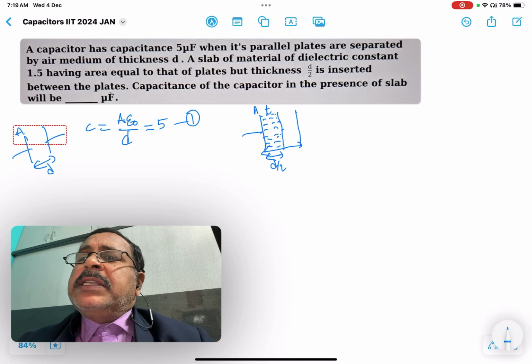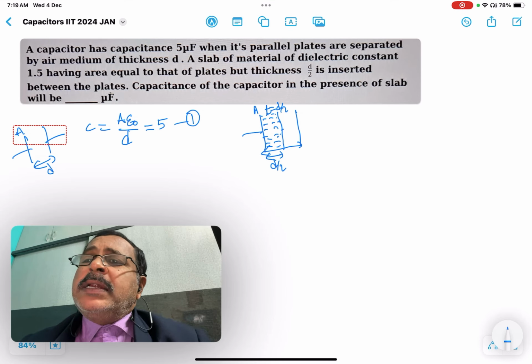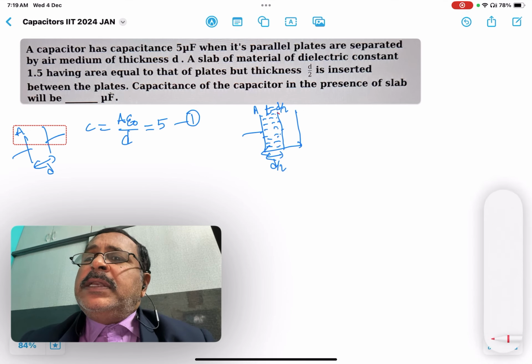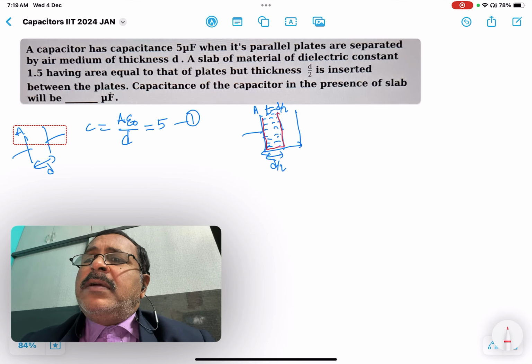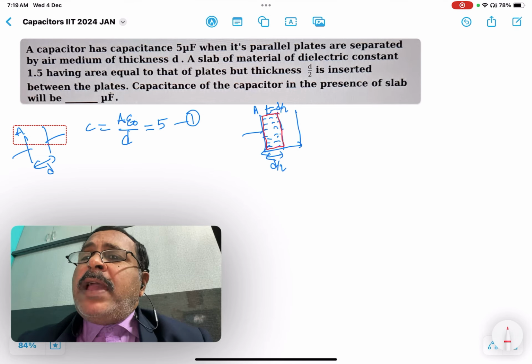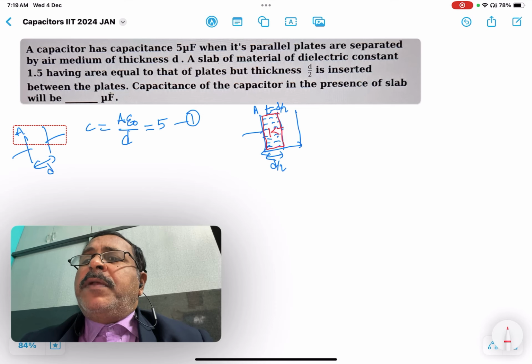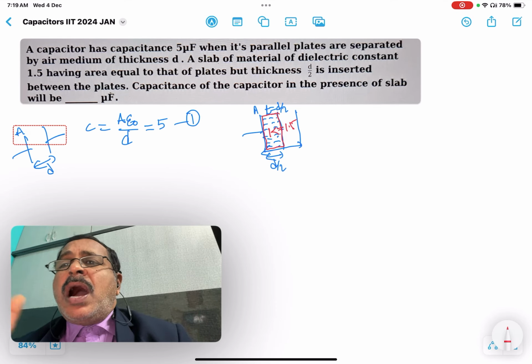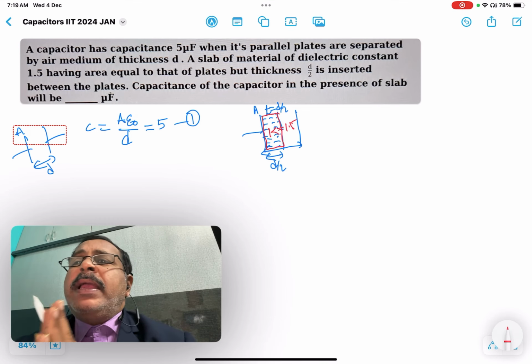Its thickness is given there d by 2, right? This thickness is, I am representing with red color pen. So this is the thickness of the medium. Okay, it is introduced there, and its K value of course given there 1.5. K value 1.5. Remaining portion is air. Okay, half of the thickness is introduced by dielectric medium.